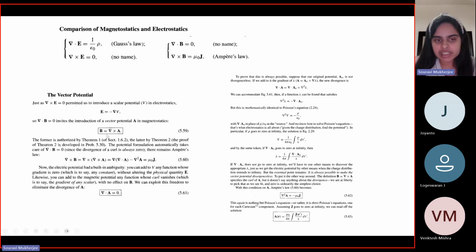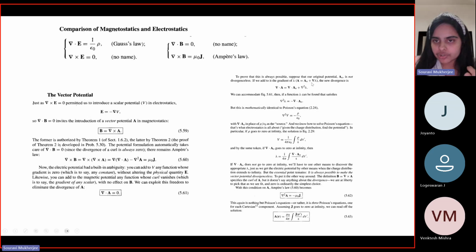Now, similarly here, if you add some term such that the curl vanishes, it would have no effect on B. So if you add a gradient of some scalar quantity to it, because curl of gradient of a scalar is 0, your magnetic field will still be the same. So you have the liberty of choosing your vector potential.